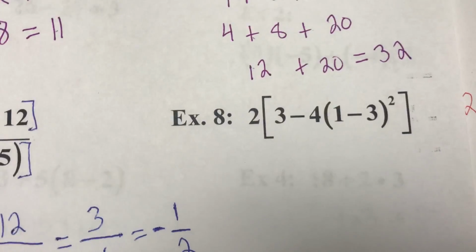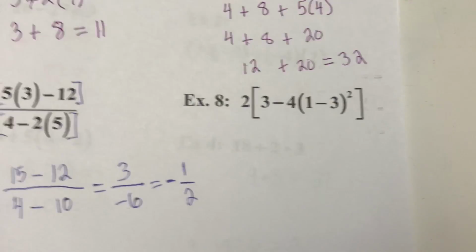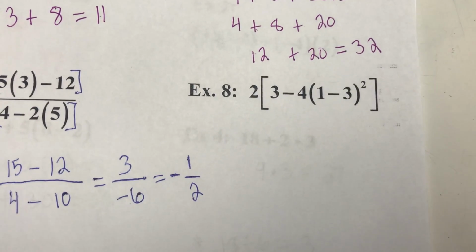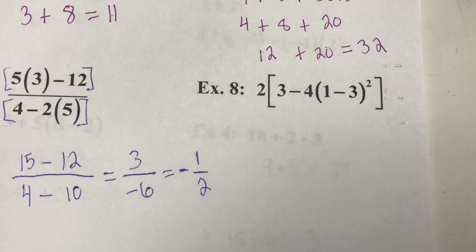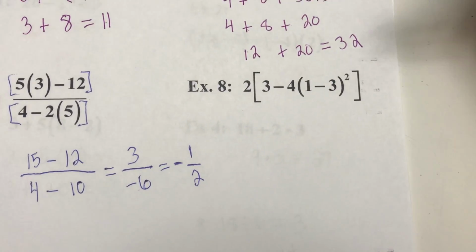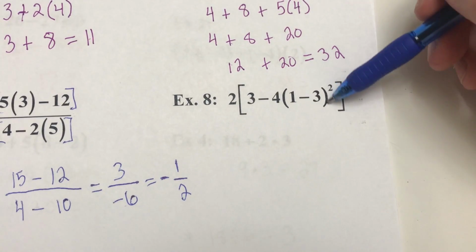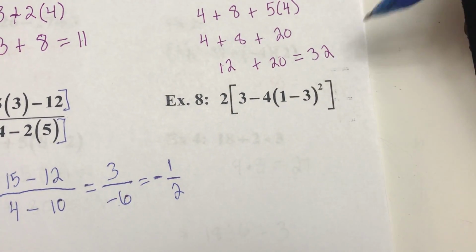Example 8. In this one, we need to first look at our grouping symbols. We have two sets of grouping symbols in this one. We've got the square brackets and parentheses.